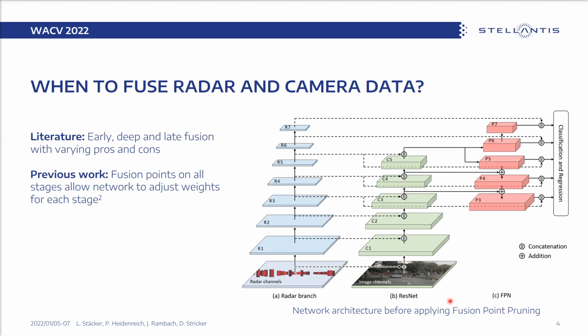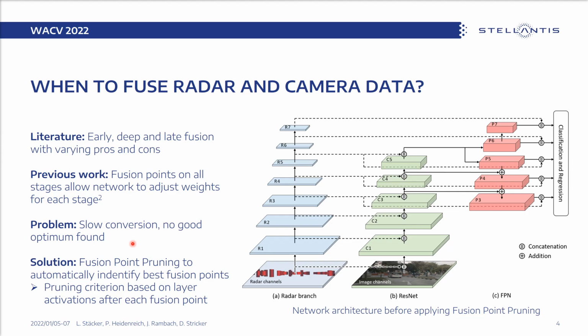So they design a special architecture based on a RetinaNet, which is the green, red, and classification regression part shown here, and add an additional radar branch with max pool layers that process the radar channels that are created as we showed in the previous slide. Then they add multiple fusion points at all stages in the network by concatenating the radar features to the image features. The network can then learn to adjust its weights where the fusion should take place.